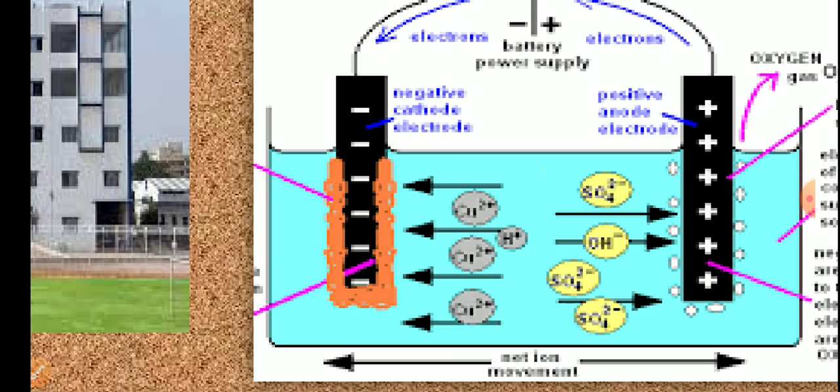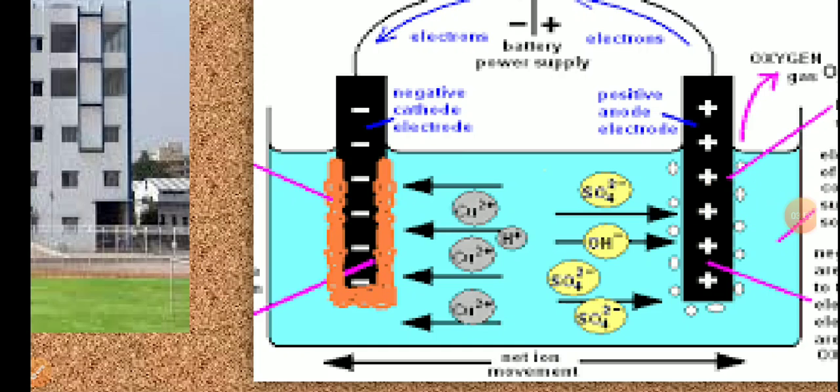So here Cu2+ is converted to Cu, and on the opposite side there will be a movement of anions, and here OH minus will be deposited and it produces oxygen gas.